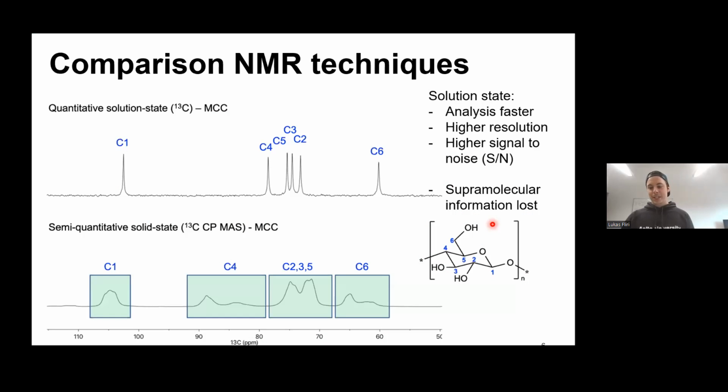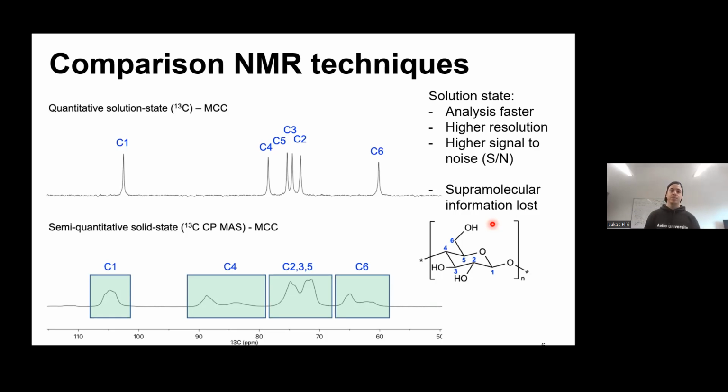Good. I want to start by showing the high resolution that solution state NMR offers. We heard about this already in the last talk. You can see on the bottom a solid state 13C NMR spectrum of an MCC sample, and on the top a solution state NMR spectrum of the same microcrystalline cellulose sample.